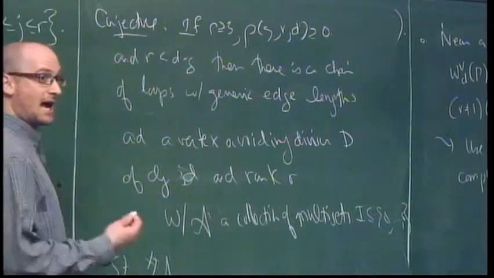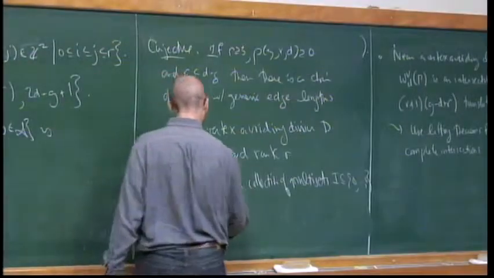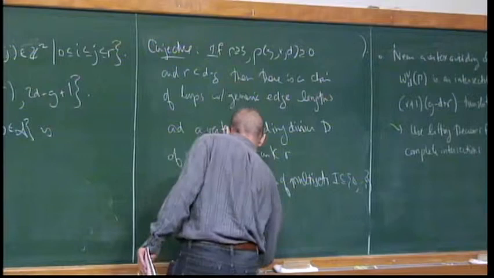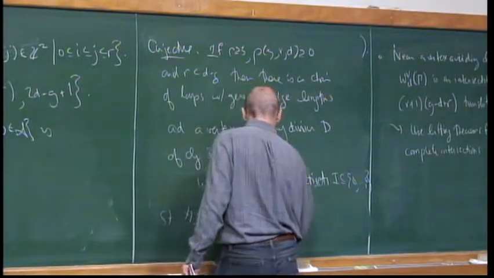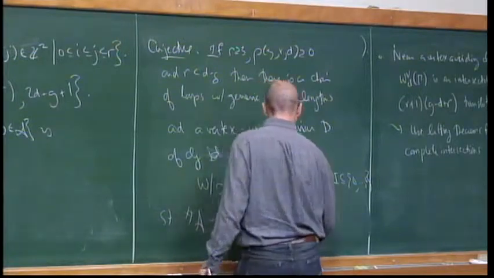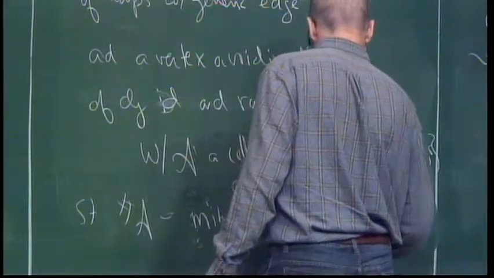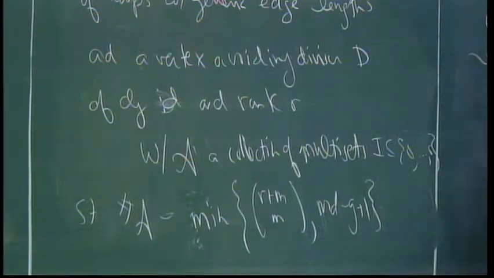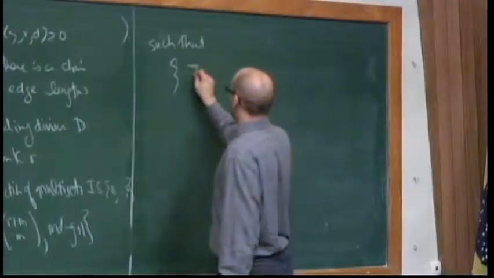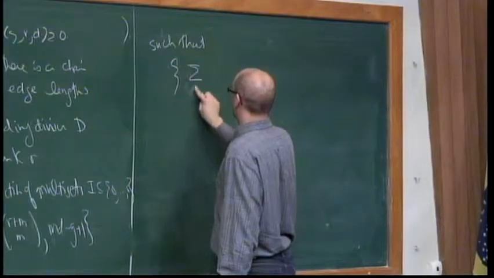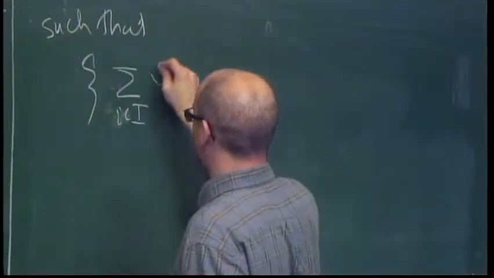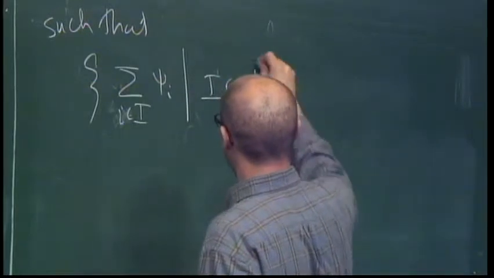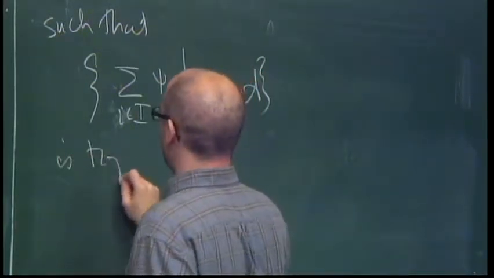And the size of this set A should be the size required for maximal rank to hold, which is the minimum of r plus m choose m and md minus g plus 1, such that the corresponding collection of piecewise linear functions, the sum over i in I of psi i, such that big I is in this collection A, is tropically independent.